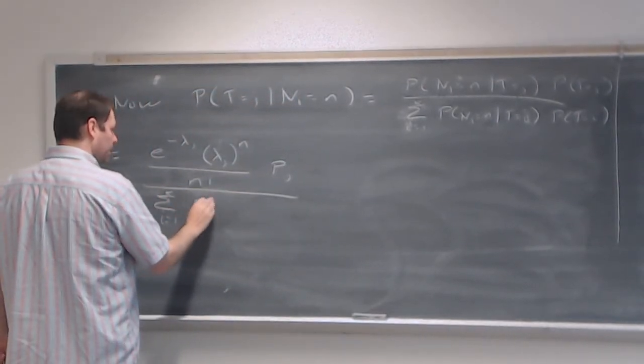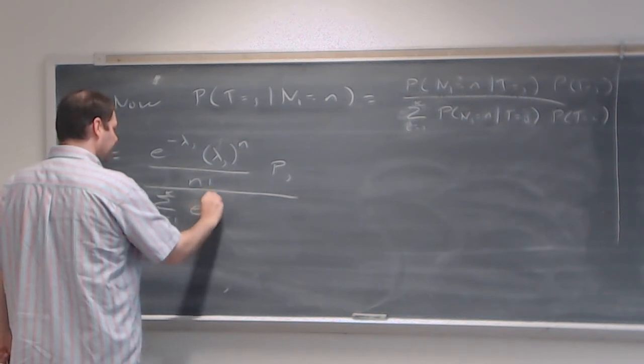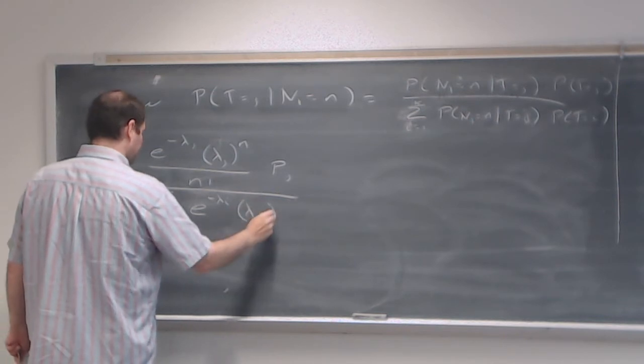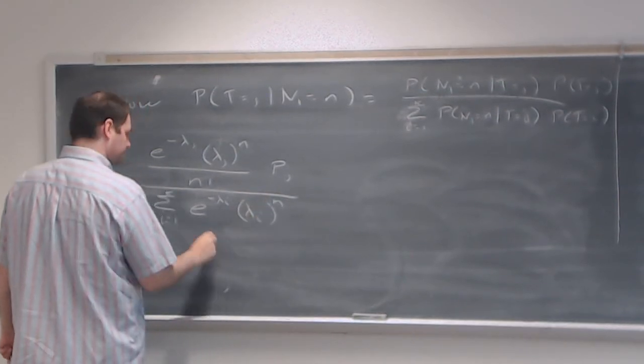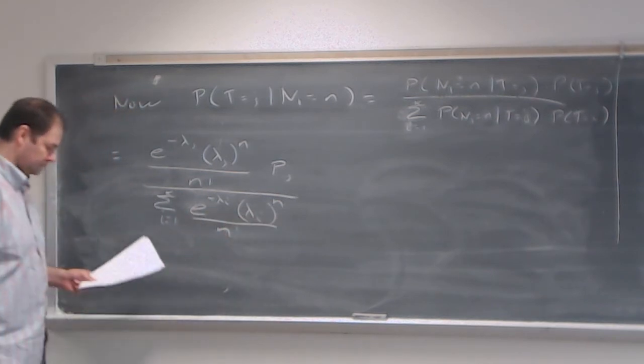This is p. Well, if I know that we have the i equivalent, it's going to be e to the minus lambda i to the n all over n factorial.